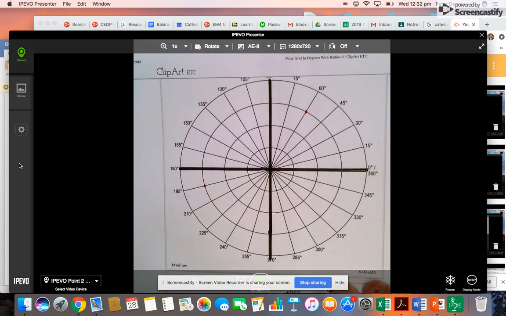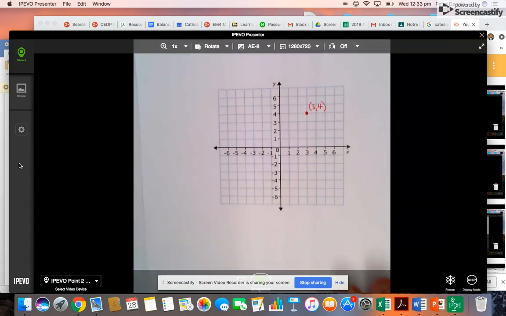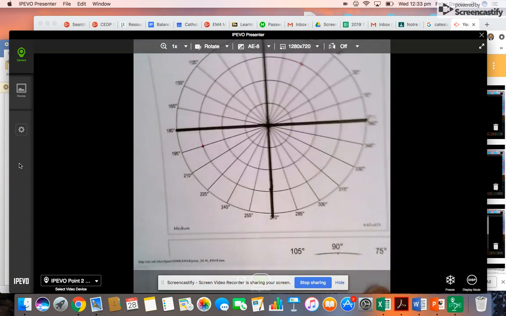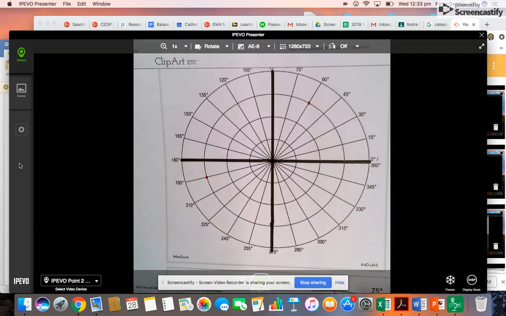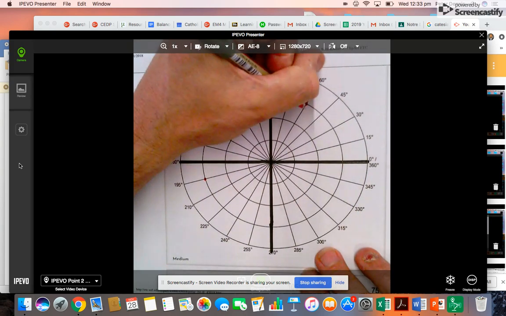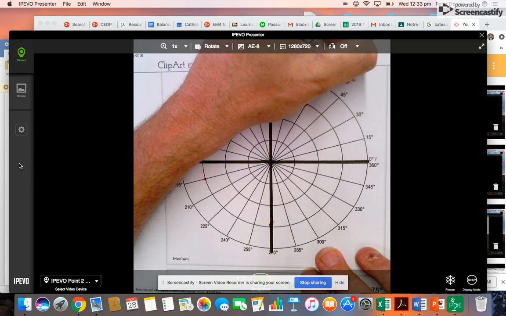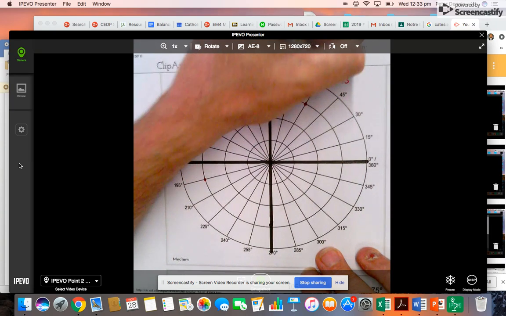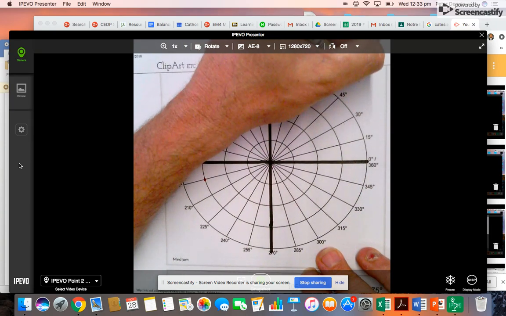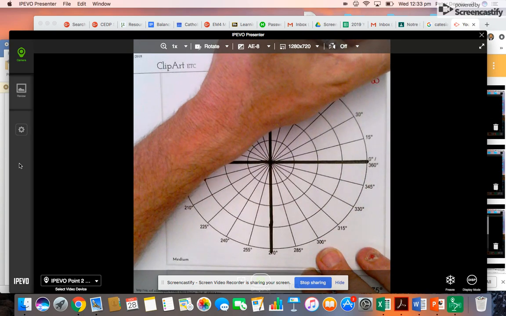So there's two ways we can look at positioning something. We can use the Cartesian coordinates, that's the coordinate 3, 4, or the polar coordinates. And when we're dealing with polar coordinates, this point here has a modulus of 3, so r equals 3, and theta equals 60 degrees.